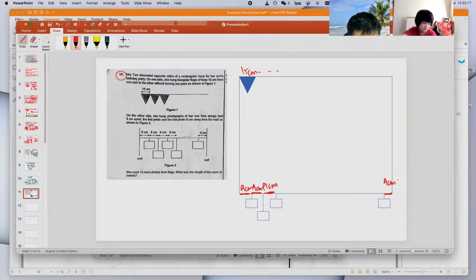Okay. So she used 19 more photos than flat. So this is photo. So this is flat.